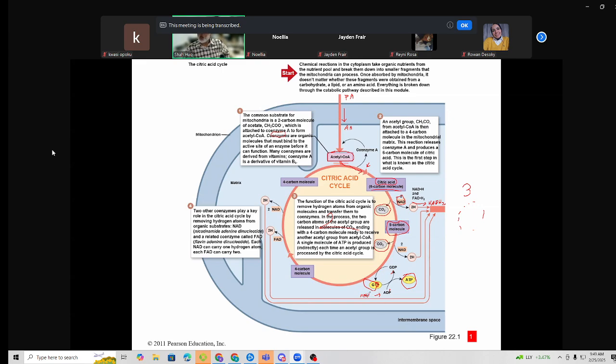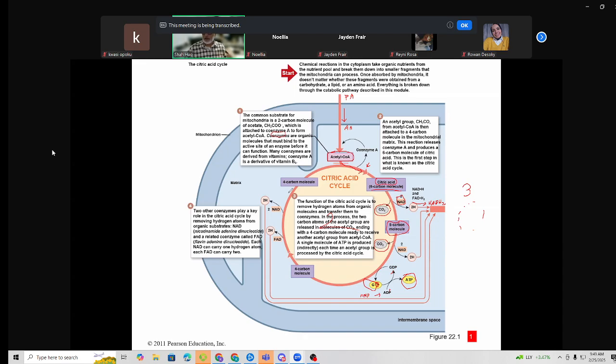So AMP means 1 phosphate, ADP means 2 phosphates, diphosphate, and ATP means triphosphate. So it has 3 phosphates. So this is 1 molecule of ATP we have for each cycle. And then after the 4-carbon compound is produced, it will turn into a 4-carbon molecule again, but it's different.